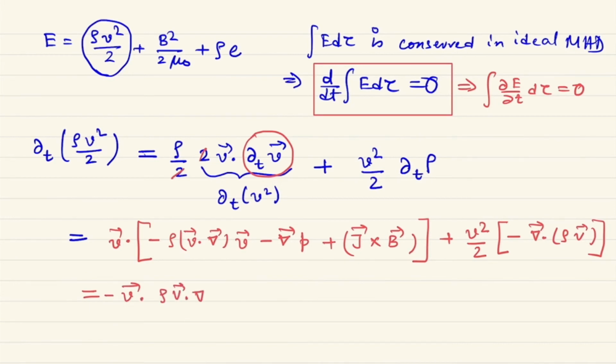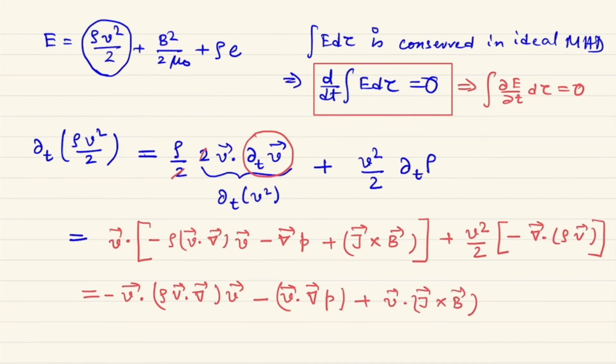v dot nabla v, minus v dot gradient of p, plus v dot j cross b.